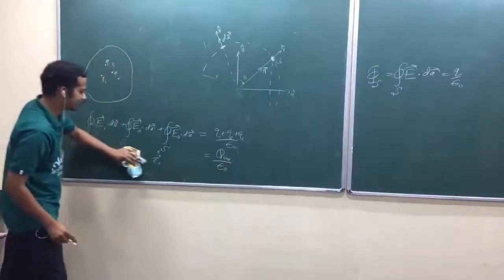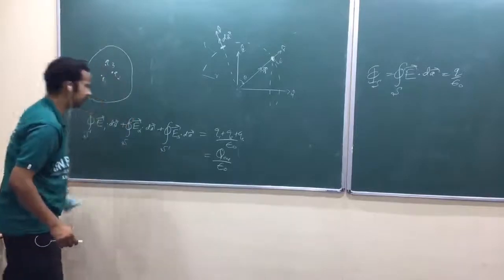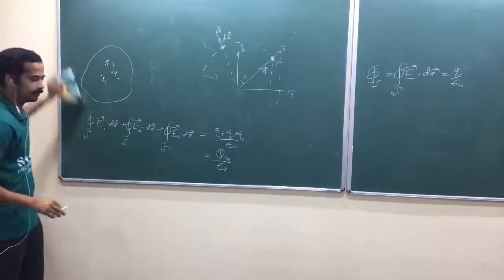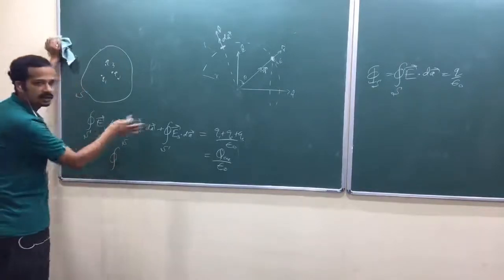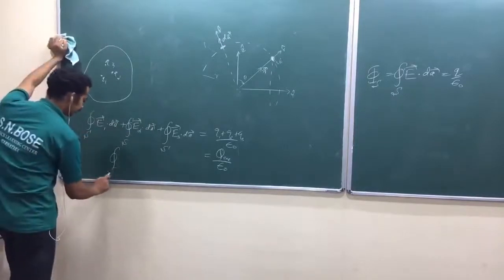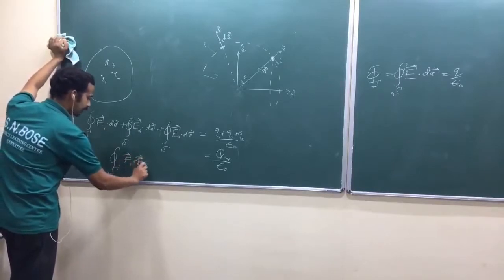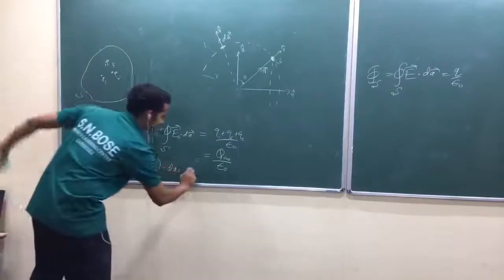Now look at here, this side, wait a second. You can do it, it's very easy. The only thing is understanding the very first thing I say here, okay? Now I can take common, isn't it? These are linear operators. Surface integral is also a linear operator, remember. So you can write E1 plus E2 plus E3 dot dA.